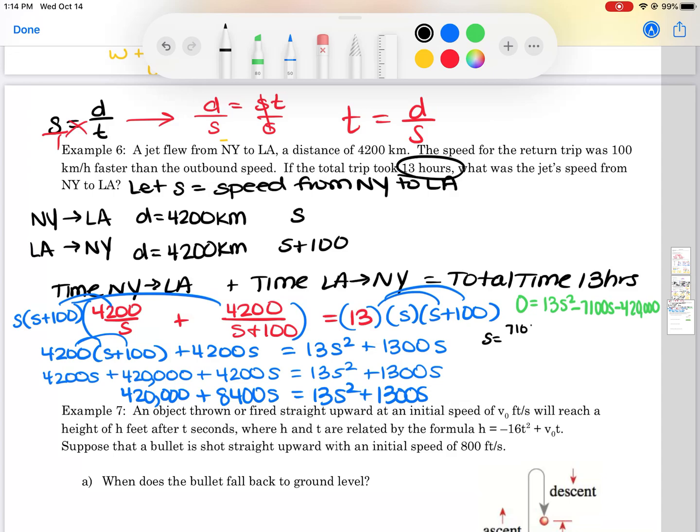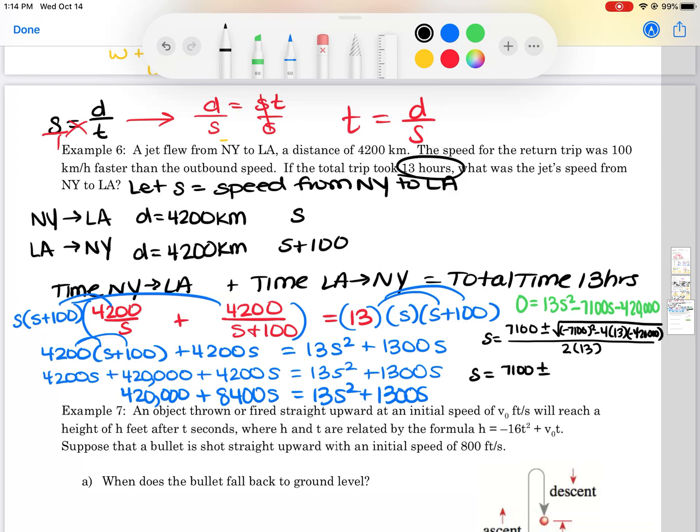So instead of x, we'll get S equals the opposite of b, so that'll be positive 7,100, plus or minus the square root of b squared minus 4 times 13 times negative 420,000, all over 2a, so 2 times 13.